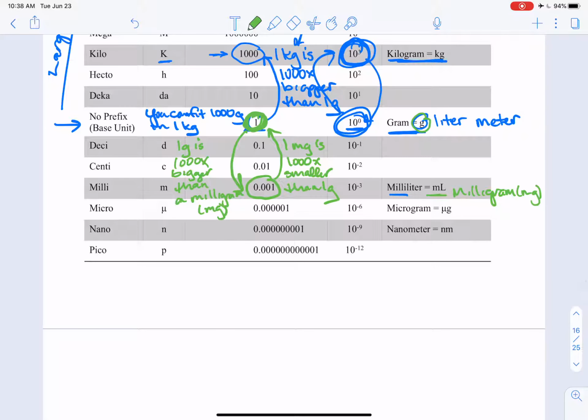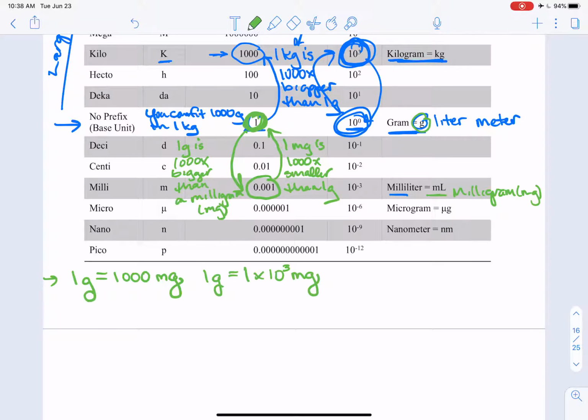So if 1 gram is 1,000 times bigger than a milligram, how many milligrams can you fit in this 1 gram? You can fit 1,000 milligrams into a gram because the gram is 1,000 times larger than the milligram. Okay, so how we can also say that statement is 1 gram is equal to 1 times 10 to the how much? 10 to the third milligrams.